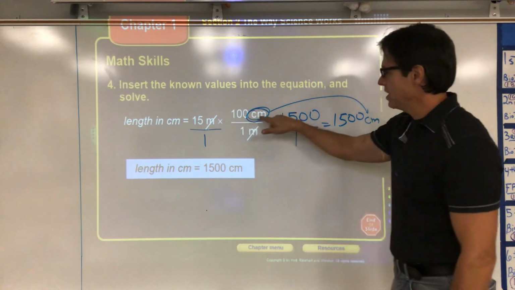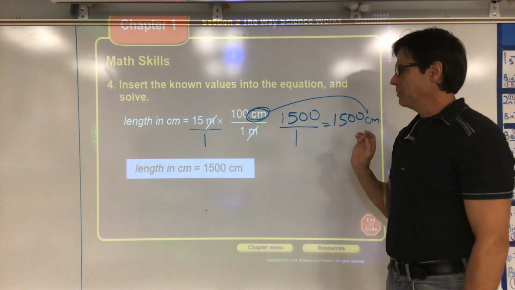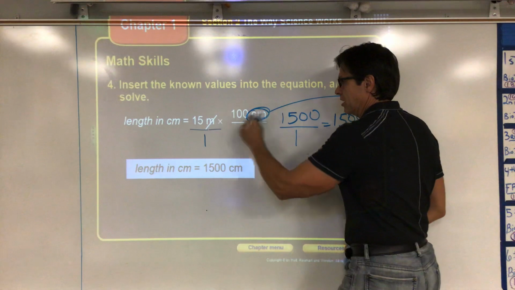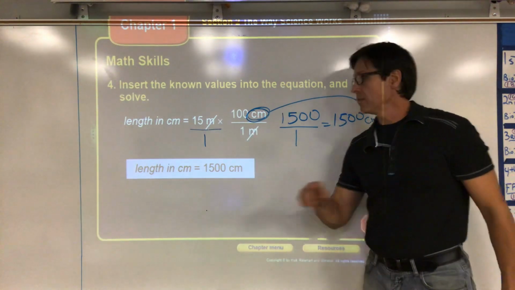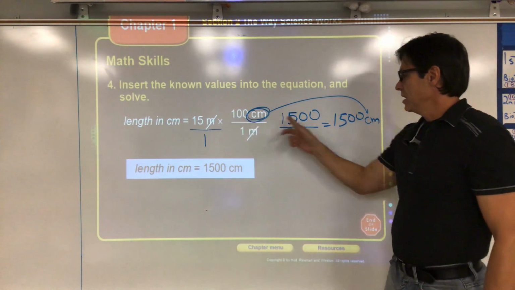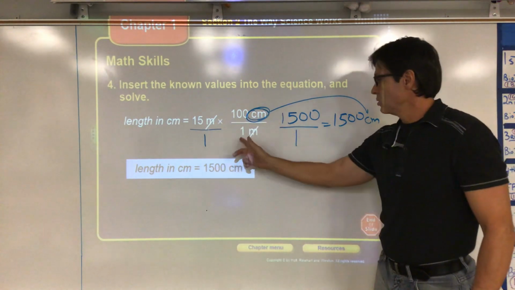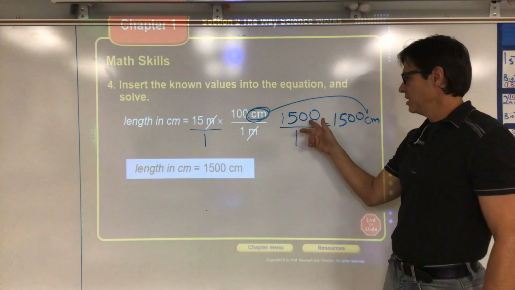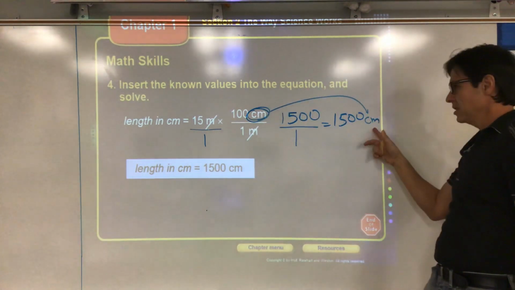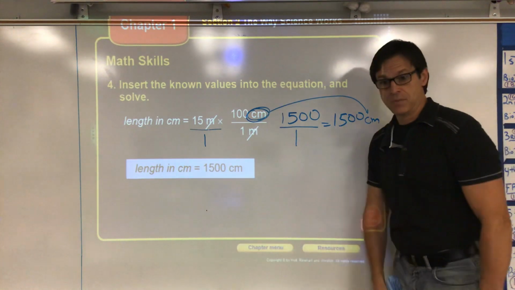Once I have the unit I'm converting to, I cancel out the like things, in this case meter, which leaves me centimeters. Then I finish the math: 15 times 100 is 1,500, 1 times 1 is 1, and 1,500 divided by 1 is 1,500. Centimeters, there's my answer.